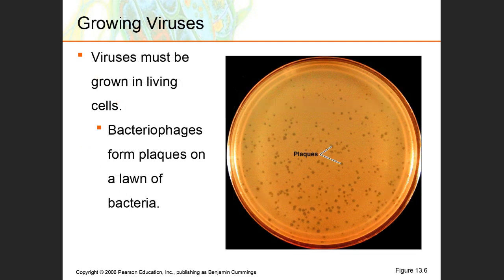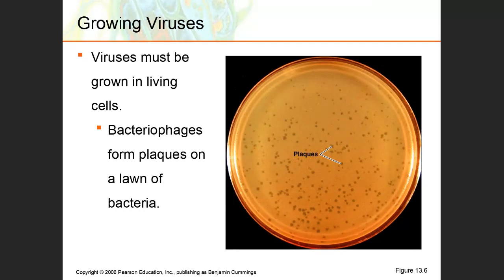When it comes to growing viruses, this presents a problem. Viruses are not living things, or not cellular organisms. You can only grow them inside of a host. For bacterial viruses, it's not too difficult. You use bacteria as your host for the viruses. And this is actually an experiment that we're going to do, quote unquote, so we're going to talk about this, but you mix your virus and your bacteria together and spread that mixture on the surface of an agar plate.